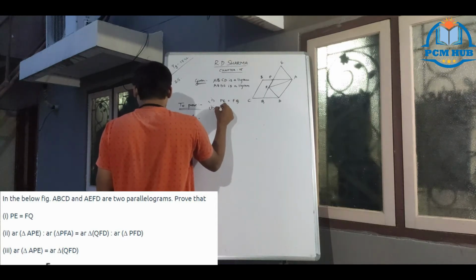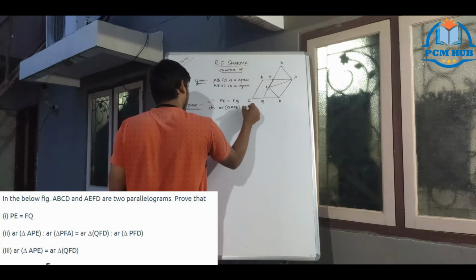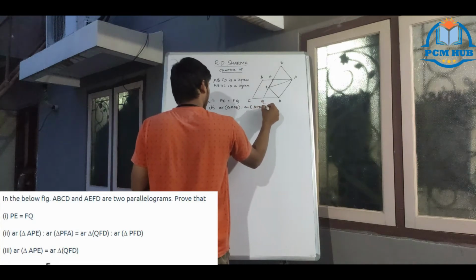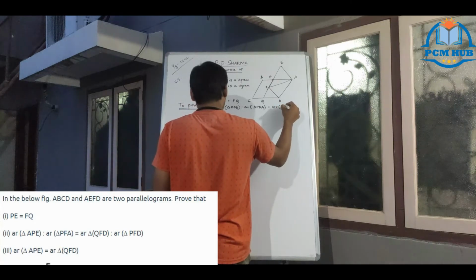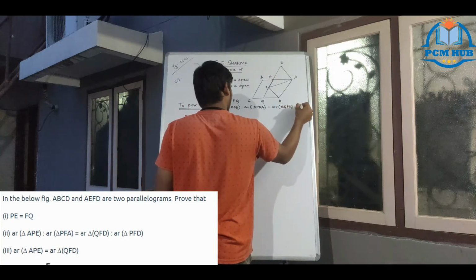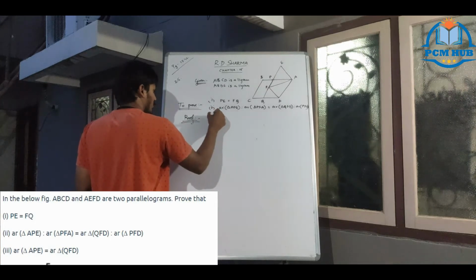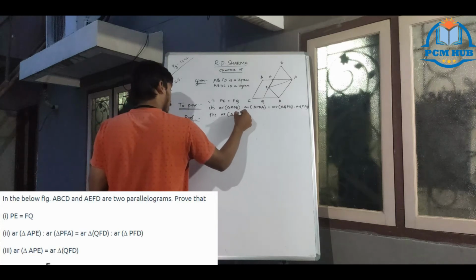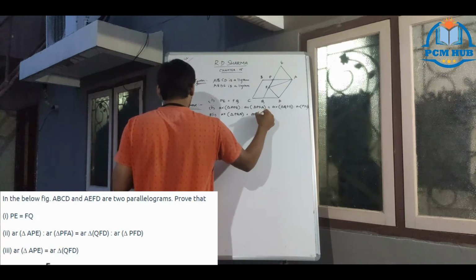Second, area of triangle APE equals area of triangle PFA equals area of triangle QFD equals area of PFD. Area of triangle PEA equals area of triangle QFD.